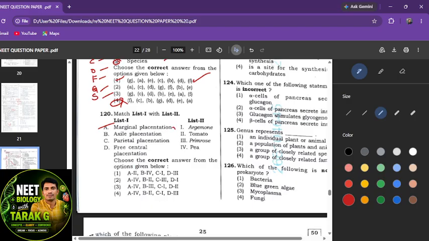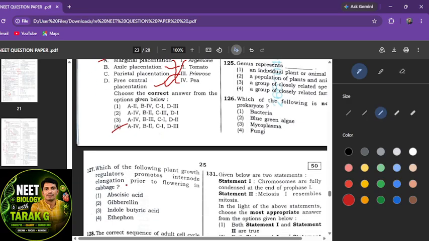Marginal placentation is the pea plant, and axial placentation is tomato, right? And parietal placentation is Argemone, right? Free central is primrose, right? Answer is the 4. This is also not tricky.